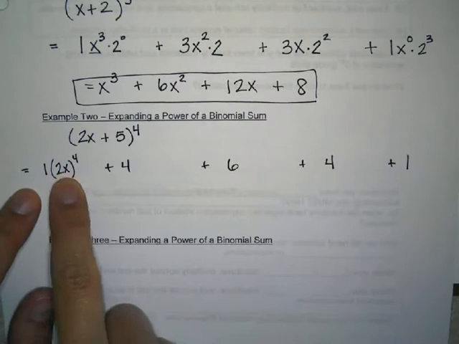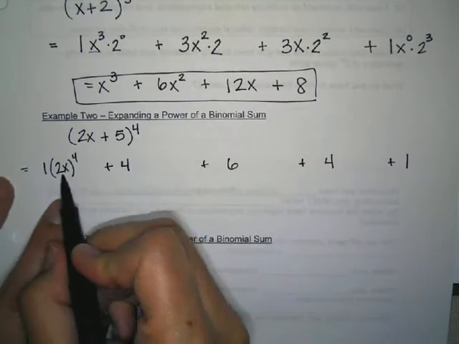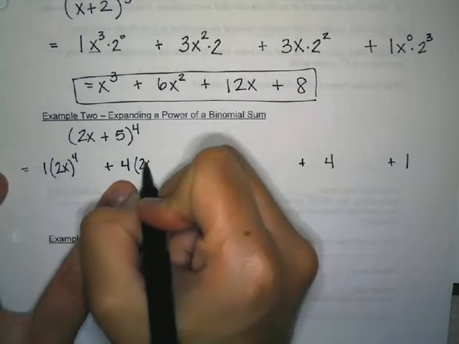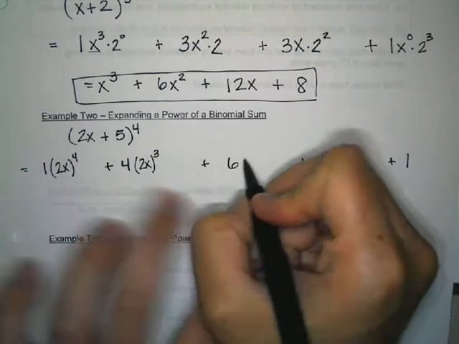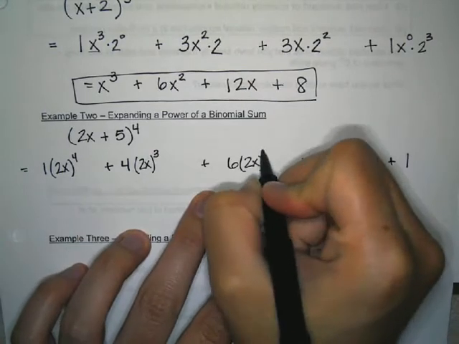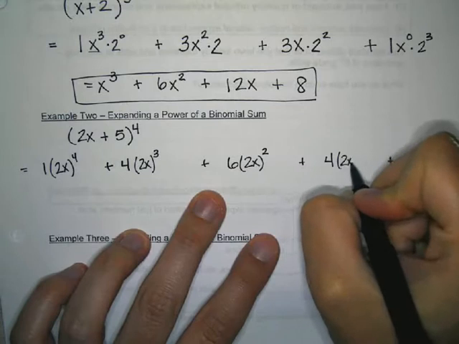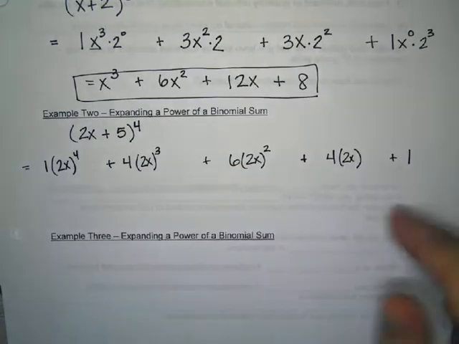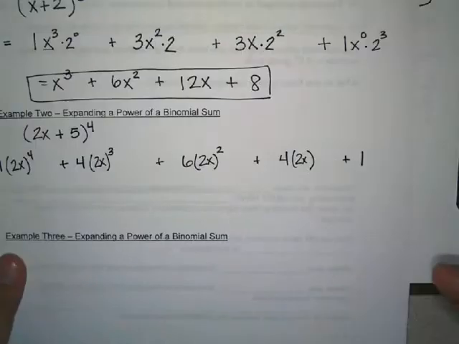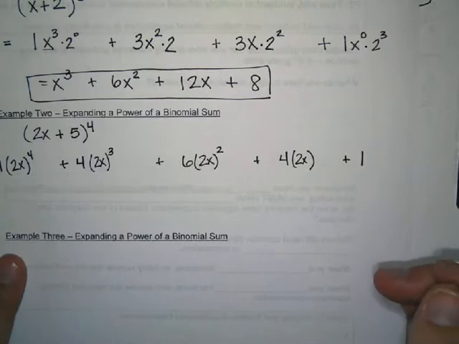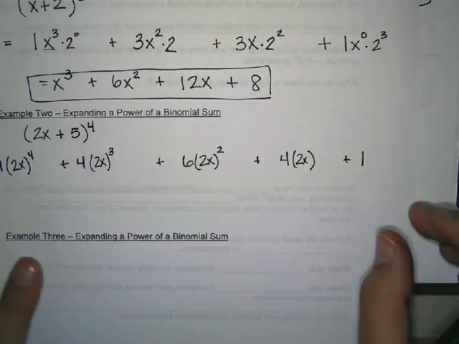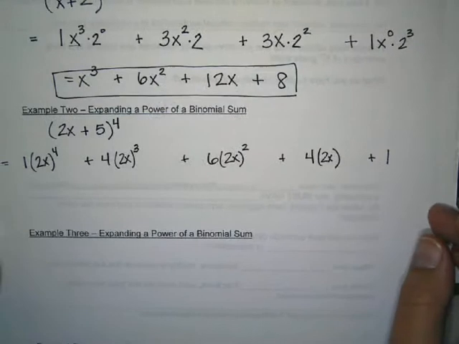It goes down. So we start with 2x to the 4th, and then we have 2x cubed, 2x squared, 2x to the 1st, and then the last term will have 2x to the 0, but anything raised to 0 power is 1. So I'm going to leave that off for this time around.